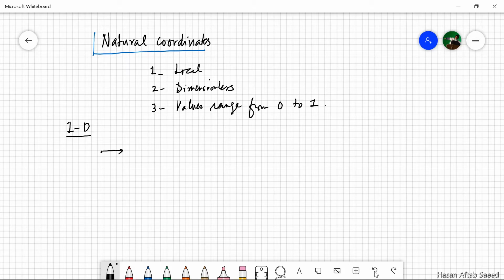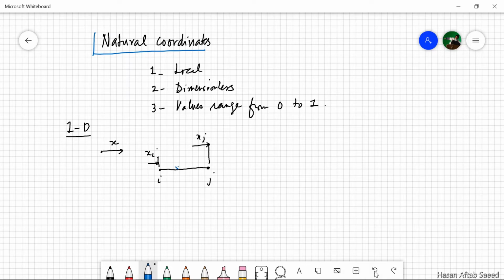This is the x coordinate, and the element is a line element, with nodes i, j. This is the xi coordinate, and this is the xj coordinate location. And now we introduce the natural coordinates.